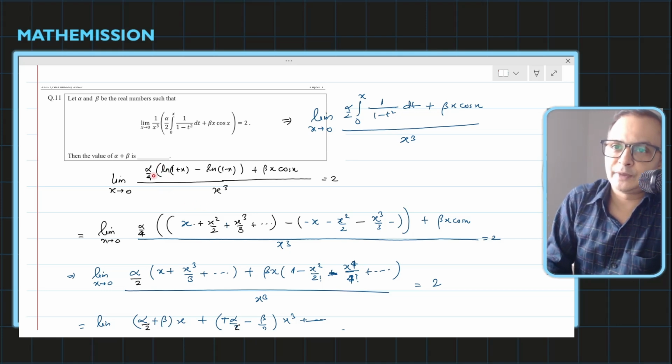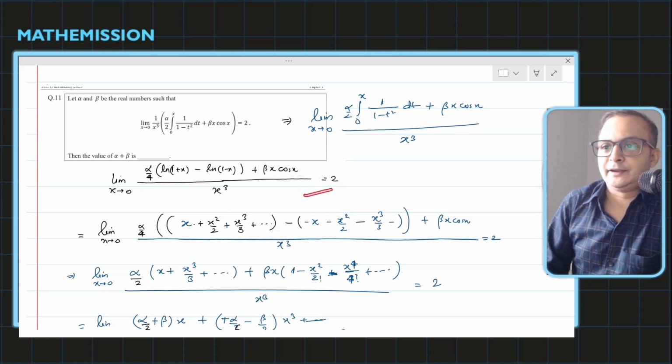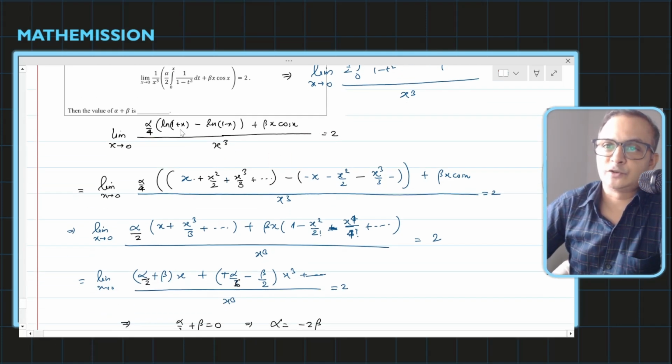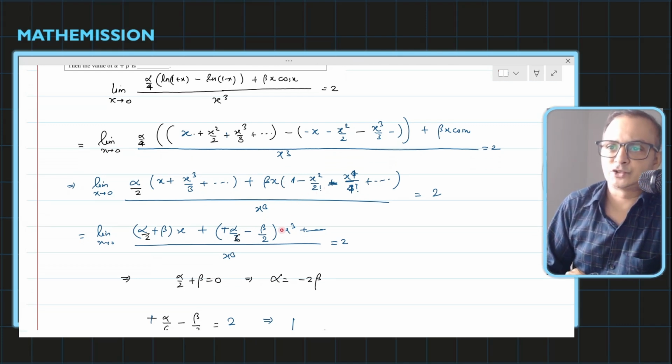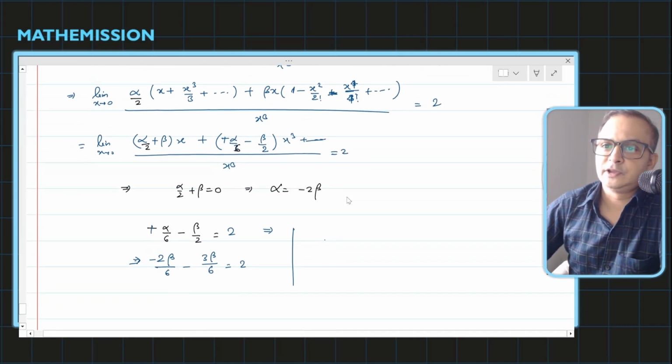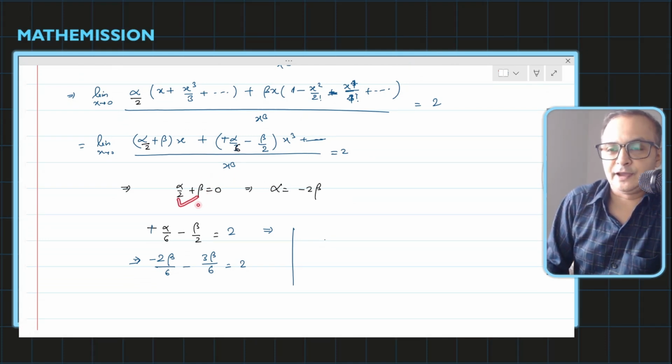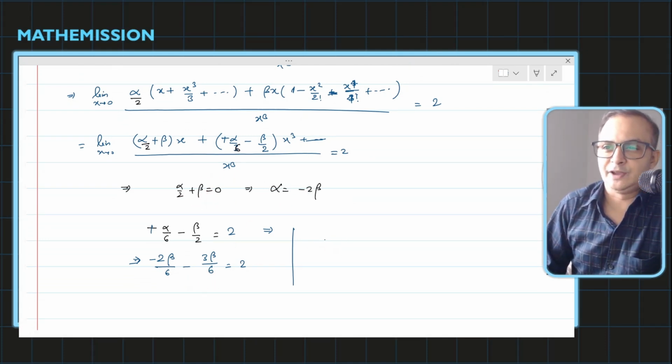And from there 1 by 2a I brought it here, and alpha by 2 was already there, and this I simplified. And after this I will write the series of log(1 plus x) and minus log(1 minus x) respectively. And from there you can collect the coefficients of x, coefficient of x cubed, and so on. And from there you get 2 equations in terms of alpha and beta, and from there you get the values of alpha and beta.